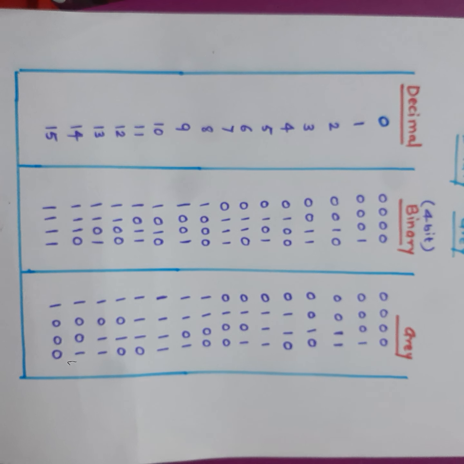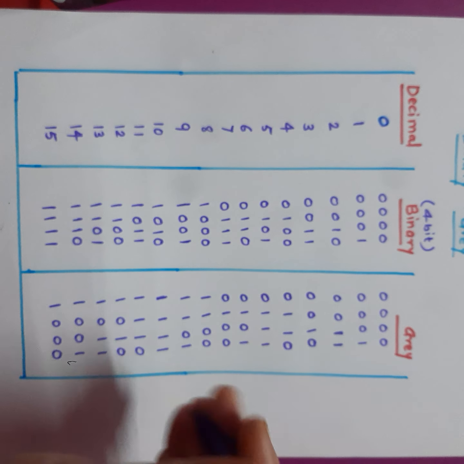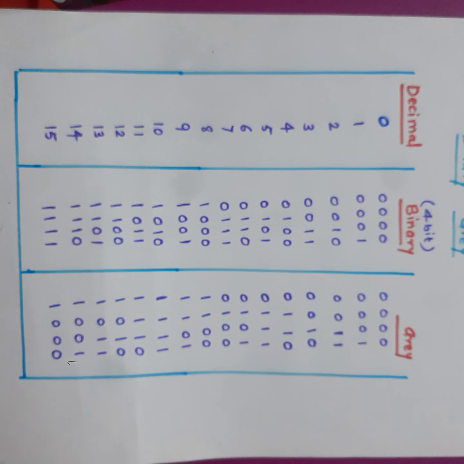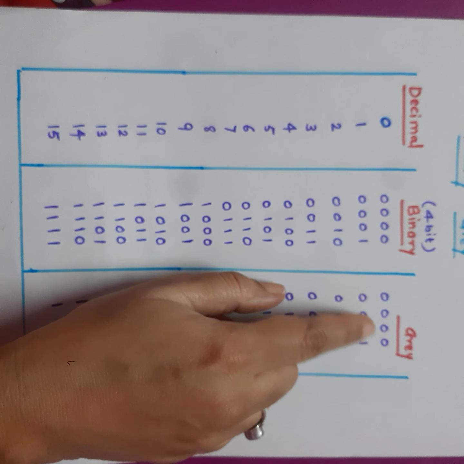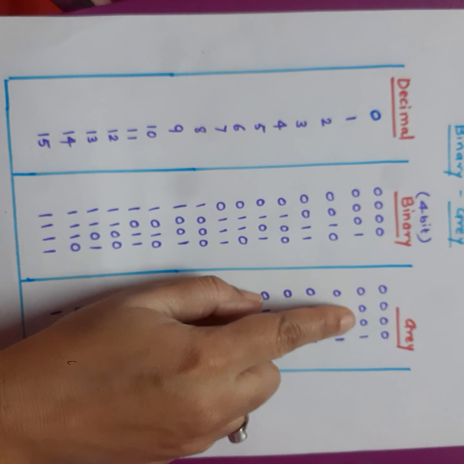Okay, students, I have given you here the complete chart of decimal, binary and gray numbers. You can see through this chart that gray numbers have a difference of only one bit in two consecutive or successive gray numbers. See, here you can see two consecutive gray numbers such as 0000 and 0001.